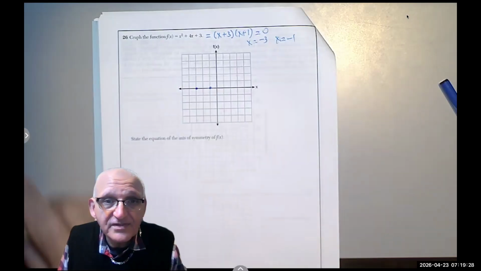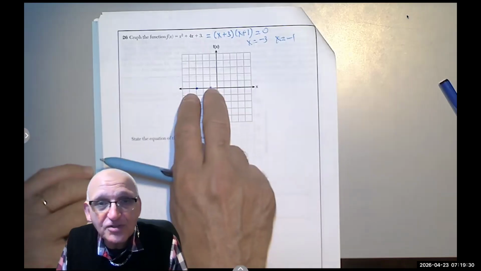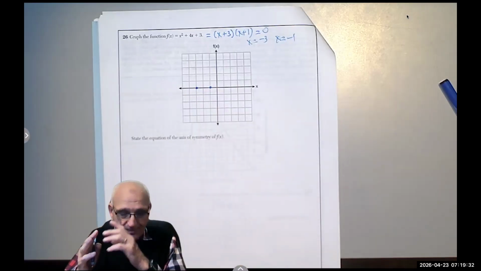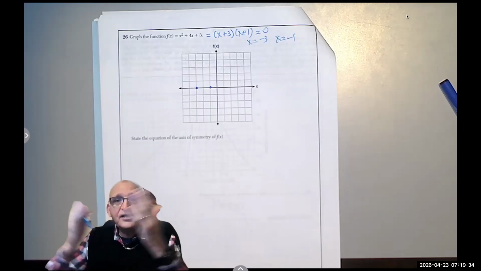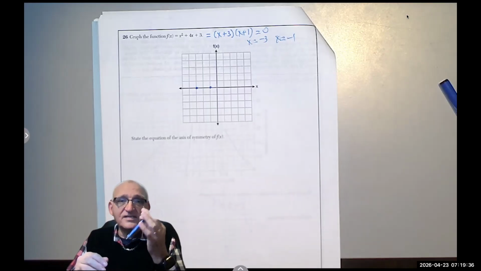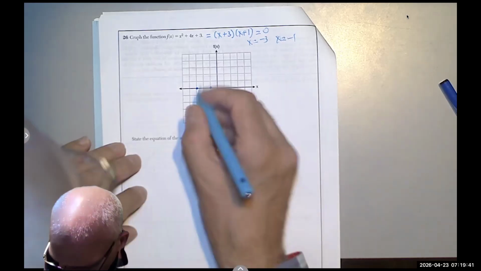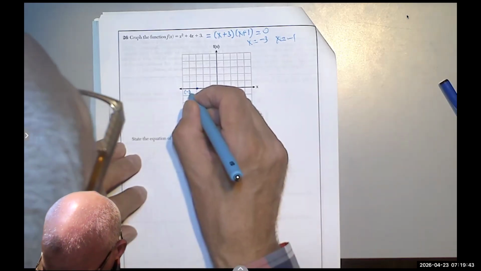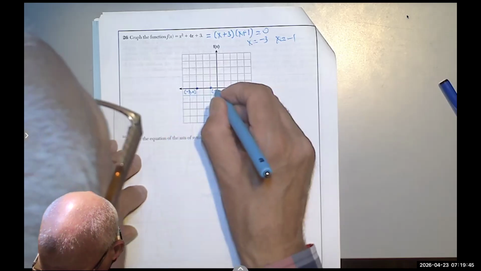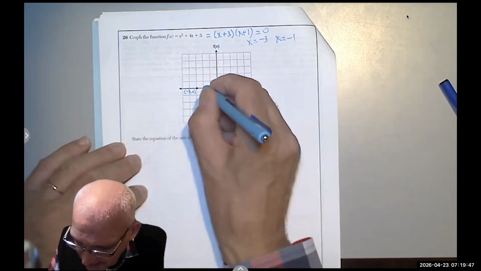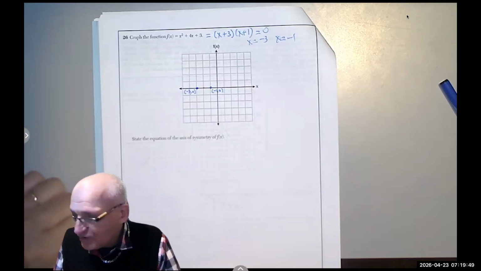And sure enough, if you have 2 points crossing, you know that a parabola is equidistant from a line called the line of symmetry. So the line of symmetry should be between negative 3 and 0 and negative 1 and 0. What's exactly in the middle? Yes, you said it, negative 2 and 0.